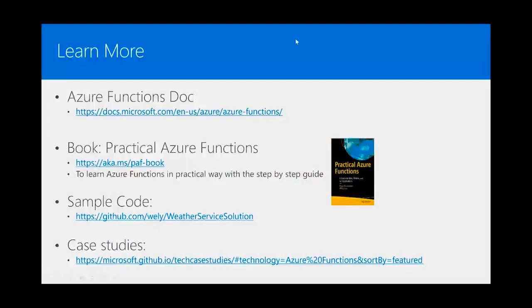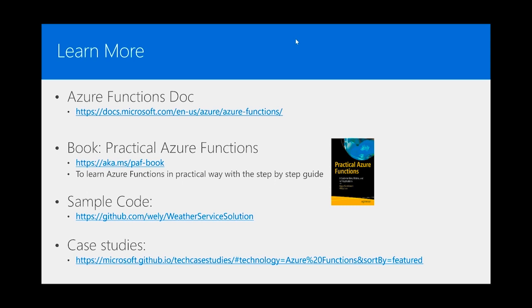And to learn more, you can go to the official documentation of the Azure Functions docs. It basically has everything that you need to get started with Azure Functions, starting from the Getting Started guide, some of the videos, the documentation. Now you can also check out the book, which I actually co-authored with my good friend Agus.